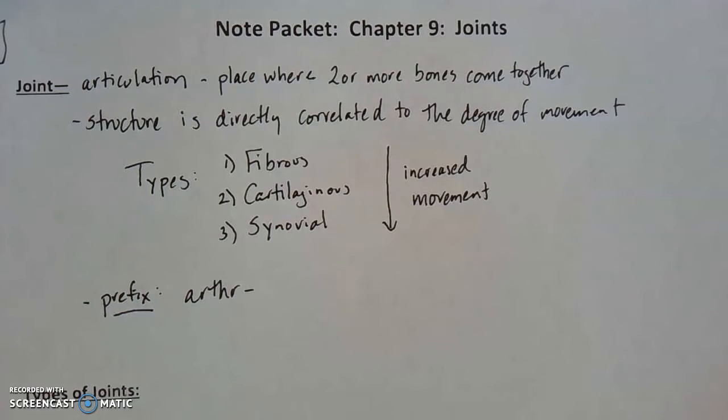You could get a specialized degree in arthrology, which would be the study of the joints. So an arthrologist would be a person who studies joints. So this prefix refers to a joint.